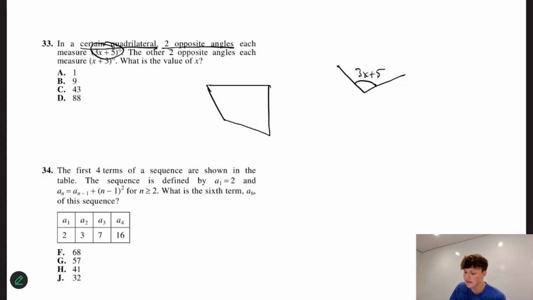Then the other opposite angle also better be 3x plus 5. And what we also know is that this is x plus 5 and this is x plus 5. It says that about the other set of two opposite angles.